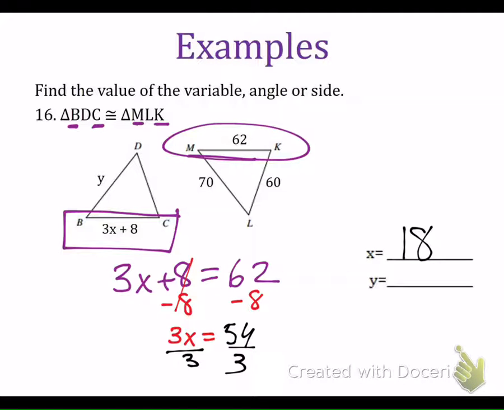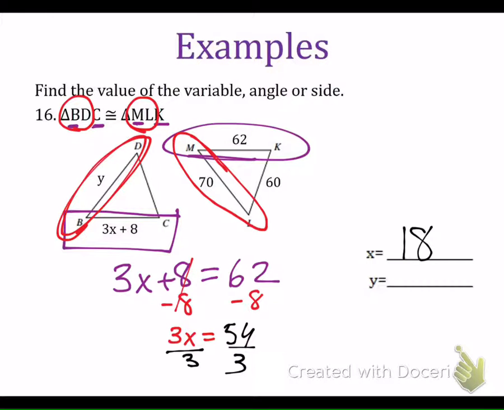All right, and then Y is DC, right? DC. So first and second. So what is Y? 70. All right, questions?